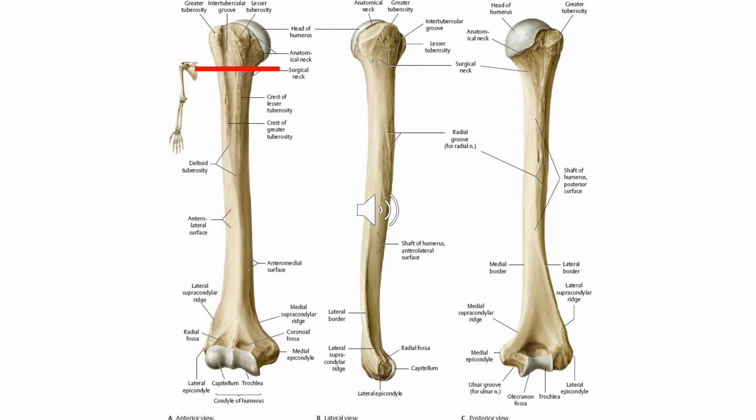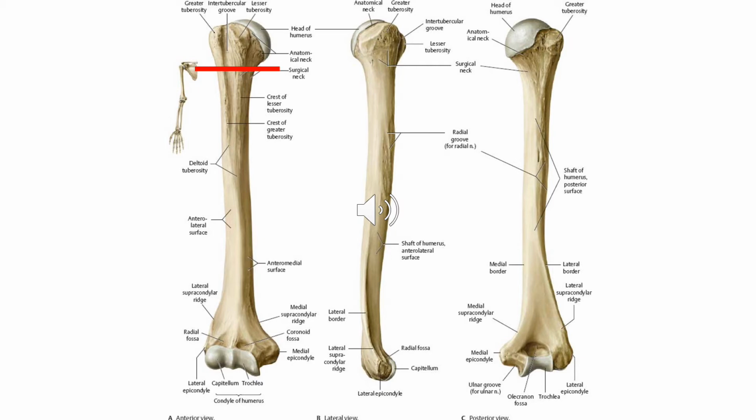This articular cartilage is known as the capitulum and the trochlea. The capitulum is rounded while the trochlea is semi-rounded. These two will form the elbow joint with the radius and ulna inferiorly.